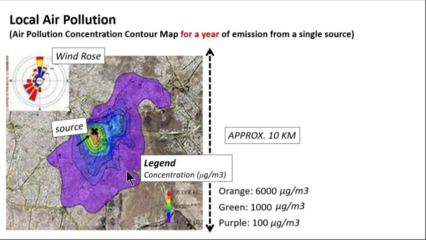Since there is a high frequency of winds from the north, the average pollution field can be seen to protrude more so to the south compared to other directions, since plumes from the source blow from the north to south relatively more frequently due to the higher frequency of north winds.